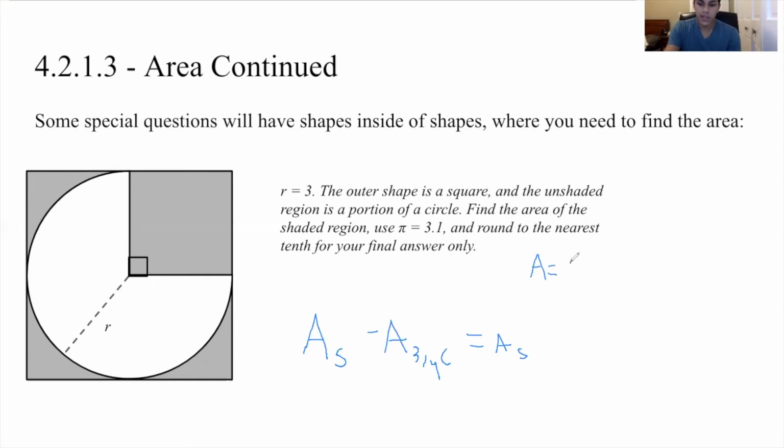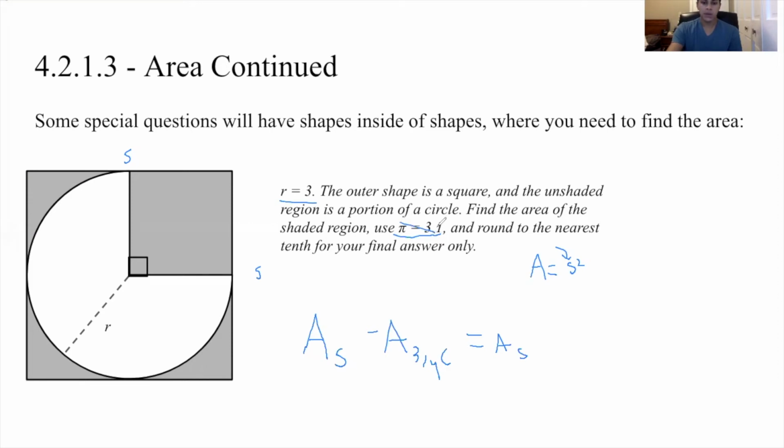So the area of any square is going to be equal to side squared. Because if you multiply one side by another side, because they're both equal, that's going to be the area. So in order to find this area, I need to find the length of one side. Well, I can do that using the information given in the question. So the only two numbers it gives us is that pi equals 3.14 and r equals 3.